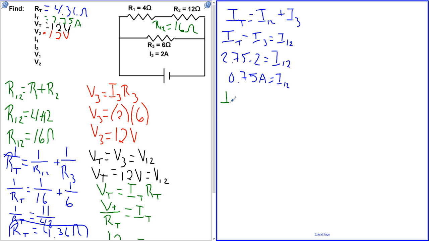So I can say that the current in 1, 2, or the total current, is equal to the current in resistor 1, which is equal to the current in resistor 2, where that 0.75 amps is the current in resistor 1 and also the current in resistor 2. So I can also add that information to my list of givens.